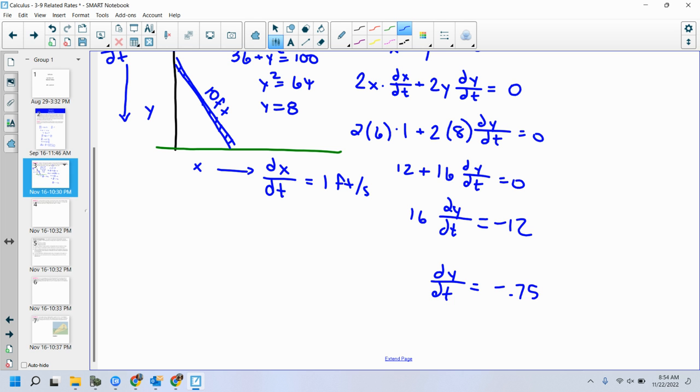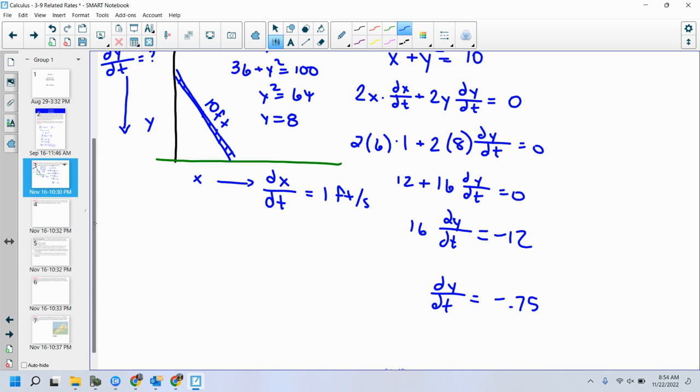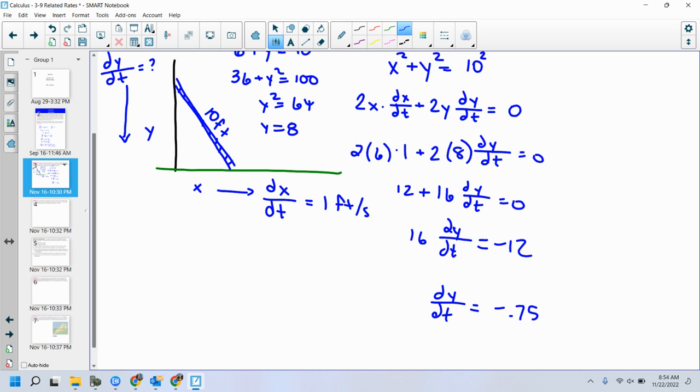And it's interesting that it's negative because in terms of position, it's going downward, right? So we say it's a negative 0.75 feet per second, or 0.75 feet per second in the negative direction. Questions about that?